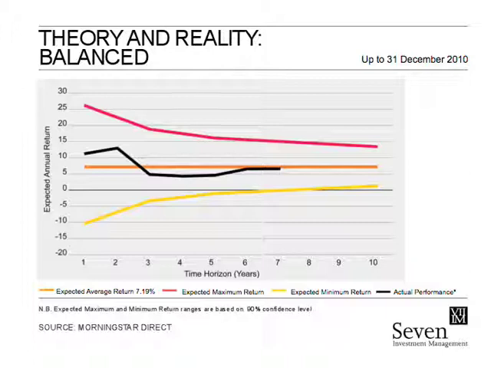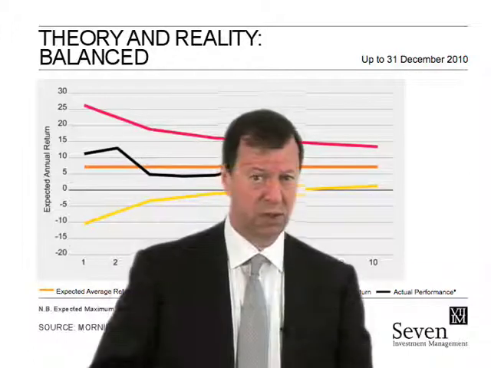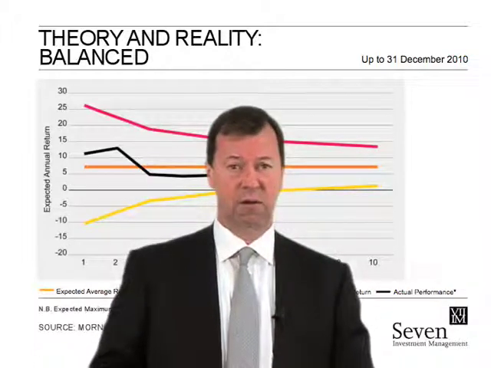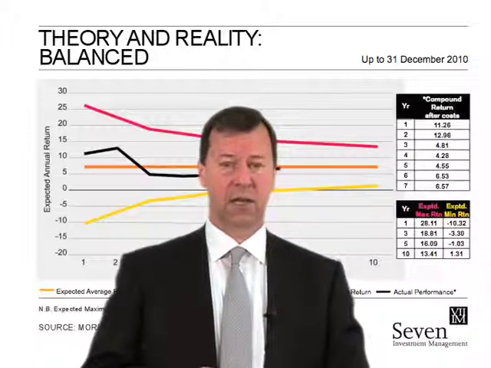Please note that the black line, which denotes the 7IM performance, is inclusive of fund costs, whereas the expected return ignores costs. So the actual expected return is probably a little lower than what that orange line would denote. And here you can see the actual numbers.